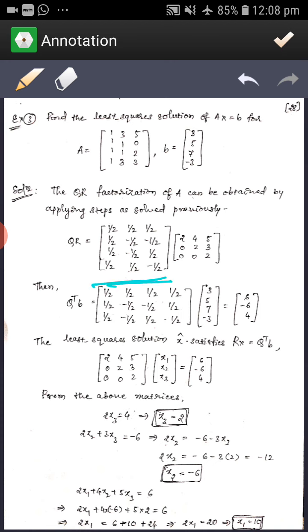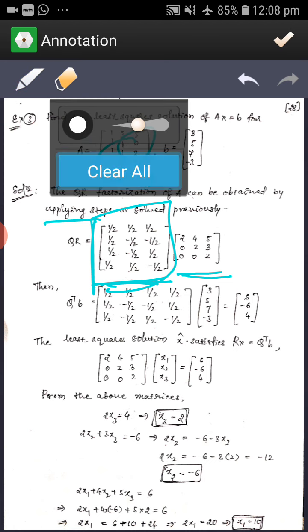Here we have directly given the Q. As mentioned here, the QR factorization of A can be obtained by applying the steps solved previously, meaning we need to calculate Q from A. So this is Q. Then also R. How can R be calculated?